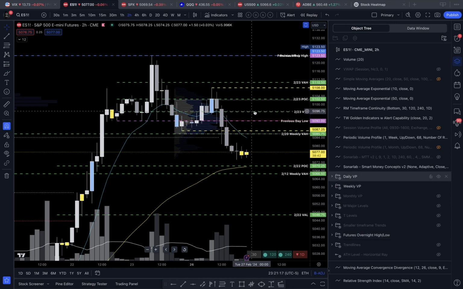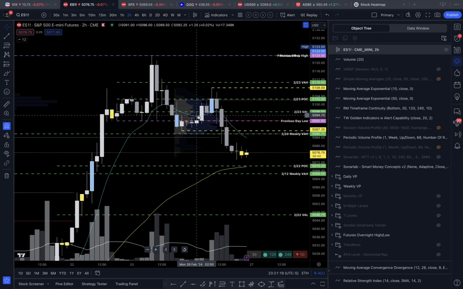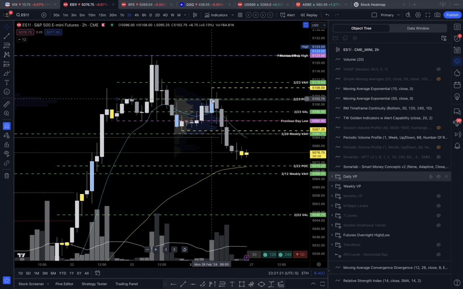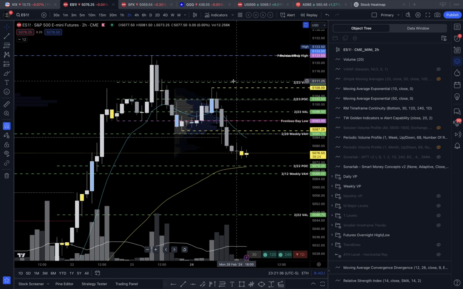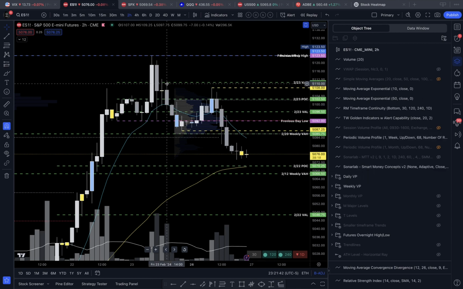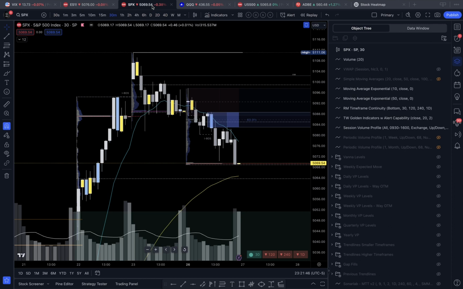We accepted last Friday's value area low, then accepted its point of control, and as we neared its VA high, we got rejected again. We rejected the POC, and then off we went down. That's how you can play the volume profile between the weekly and daily levels. Let me now bounce over into the SPX chart.